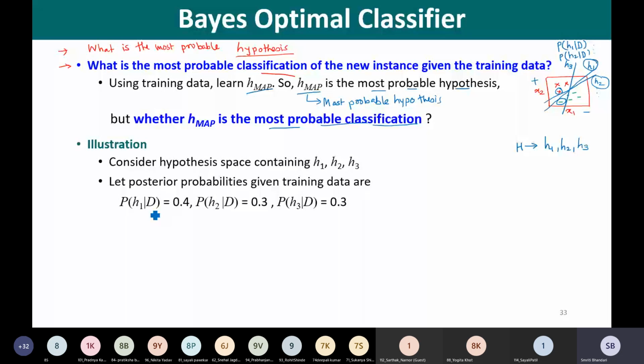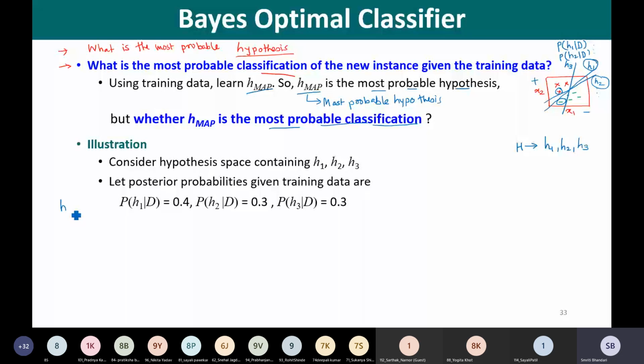Now, please tell me, what are those probabilities? These are the probabilities that we have computed for all hypotheses that belong to our hypothesis space. Right? Now, according to our expression for H map, what are we going to do?